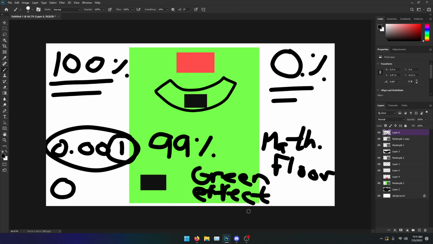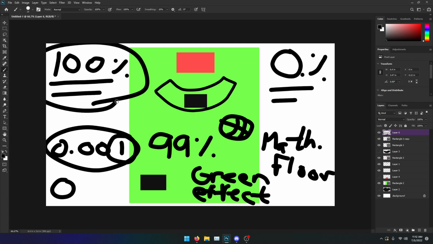If you do not see a green effect on the ball, meaning that this circle is the ball and the ball is the color that it is right now, if you do not see this, that ball was not a 100%. That ball was likely a 99% or lower, meaning that you have a chance to miss, okay? A chance that may be small, but still a chance.